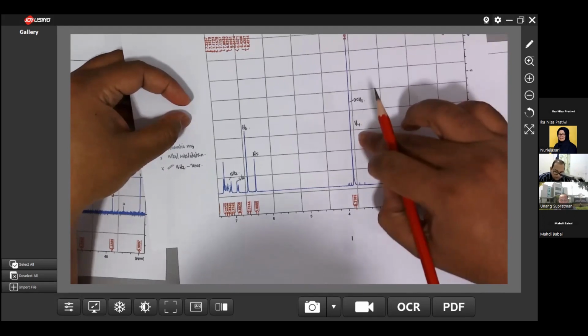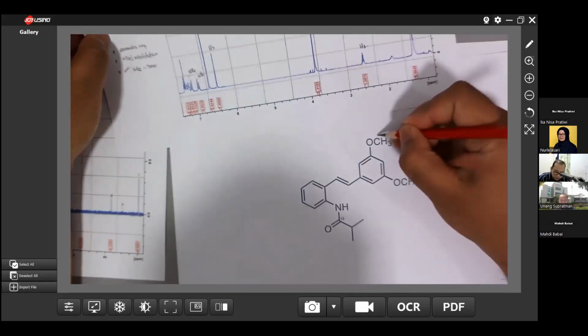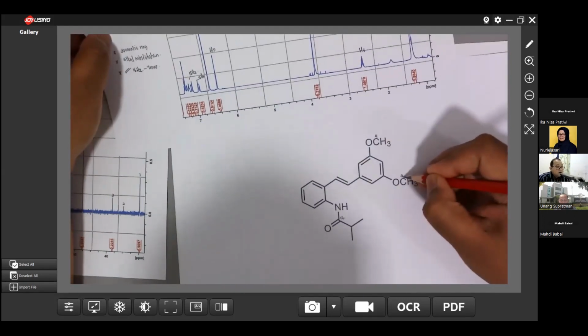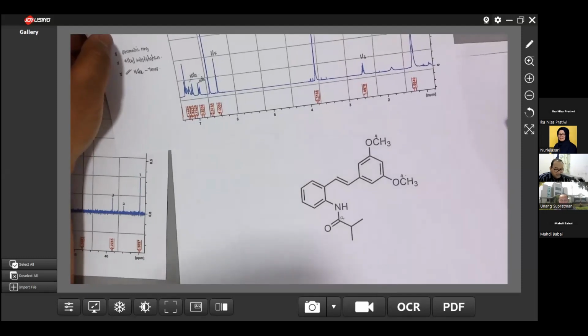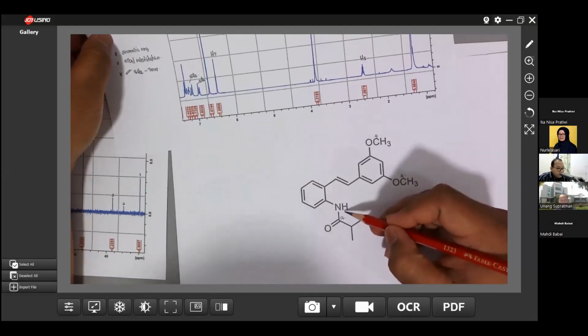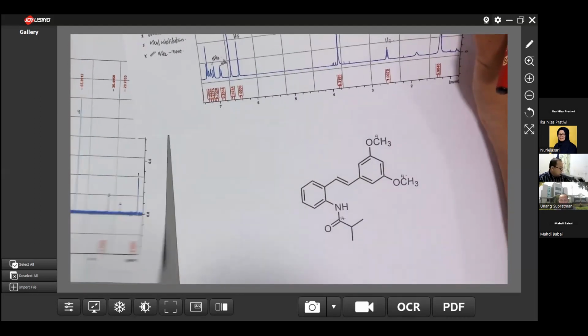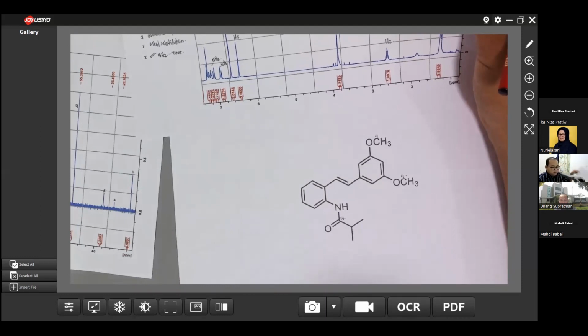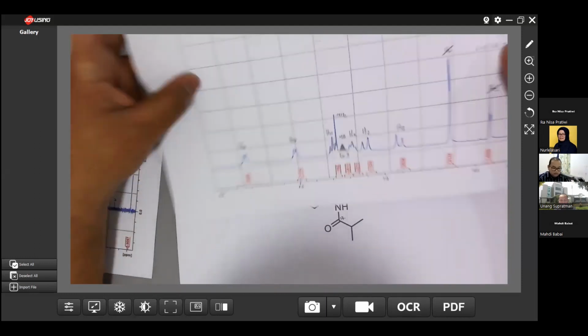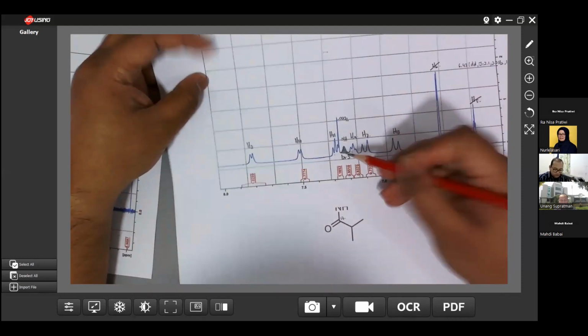So you have number 4 here, number 4 here. You have the value of NH with the broad signal, which I have to find, this one for the NH.